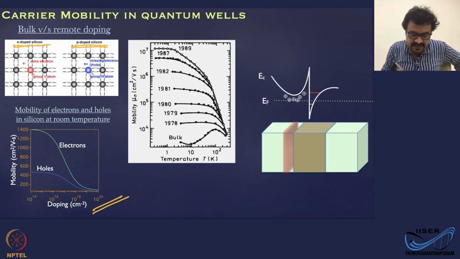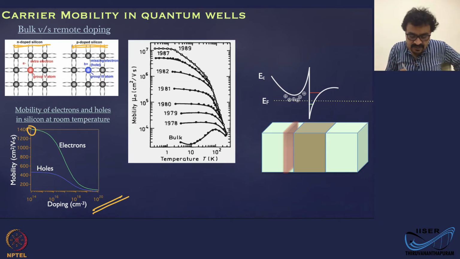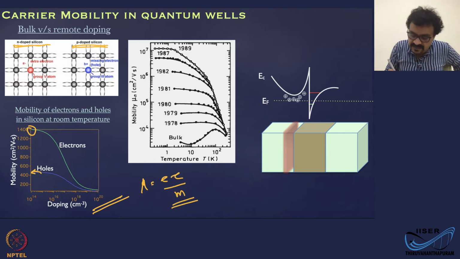This plot here is telling you how the hole and electron mobilities actually vary in silicon. As we have seen in one of the previous slides, the electron mobility is a few hundreds to above 1000, and of course the hole mobility is lower than the electron mobility. That is also easy to understand, because mobility mu is e tau by m, where m is the effective mass, and the effective mass for holes is higher than that of electrons.